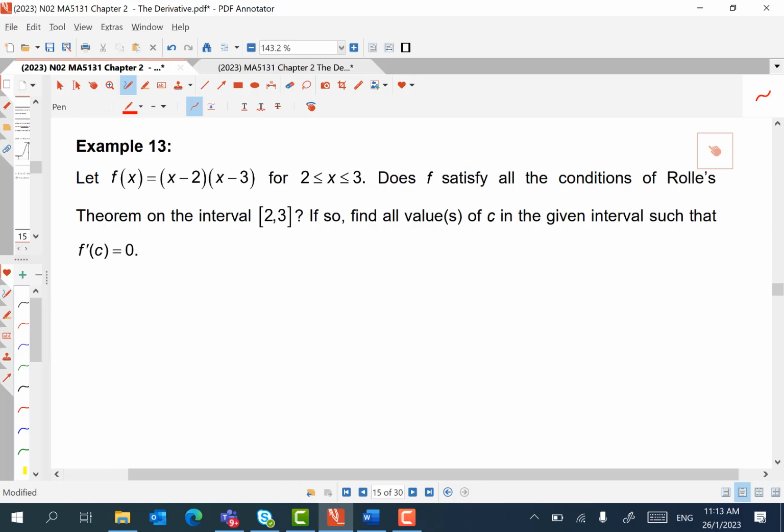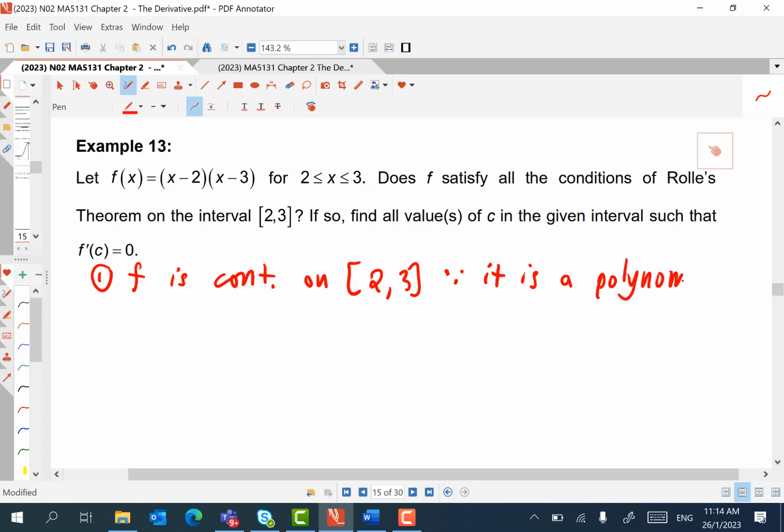Okay, so I saw that quite a number of you can sketch the graph. So first and foremost, this function is obviously continuous on [2, 3], since it is a polynomial. f is continuous because it's a polynomial. f is differentiable because it's a polynomial.